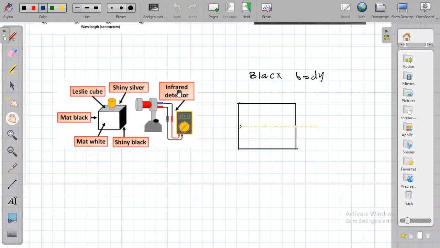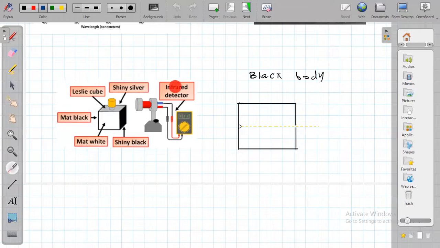Whenever you are about to create a Leslie cube, just get a cube with equally sized sides. One side should be covered with shiny black, another matte white. There are less shiny silver and some other different colors. You may color it using different colors, but one side should be very matte white, another side shiny black and matte black.